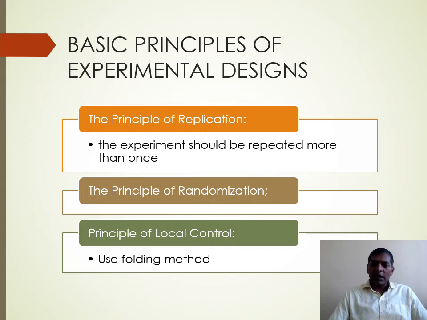Let's assume we have 100 or 10,000 data sets or different objects, then we group them into 10 parts. 8 parts will be applied for training. Once we train the model, then the remaining 2 parts can be used for experimentation, testing purpose. So this is known as local control, which can also be known as the folding method.